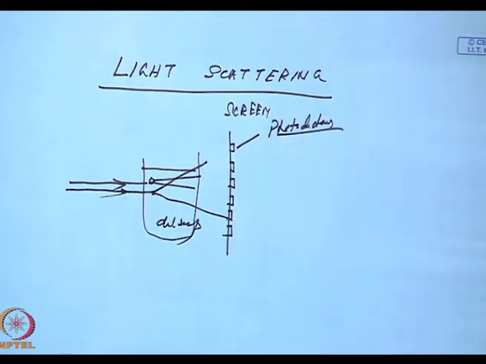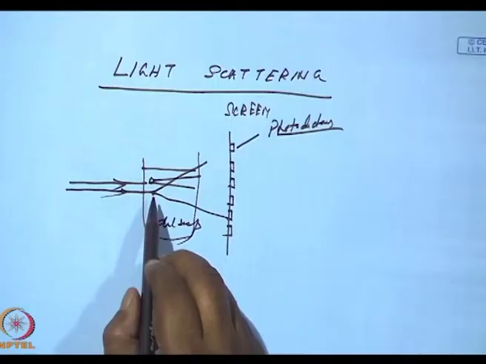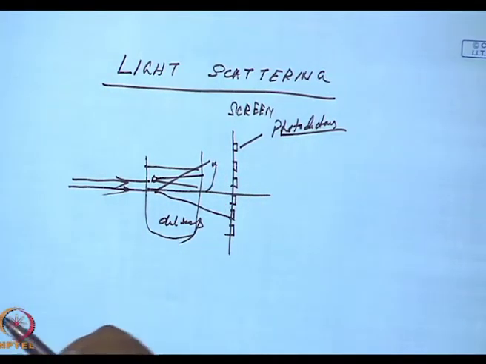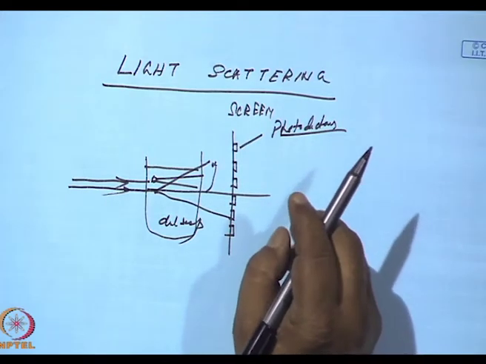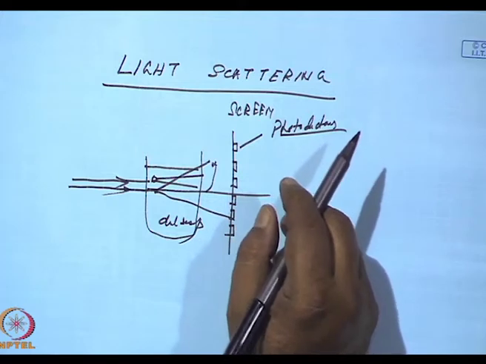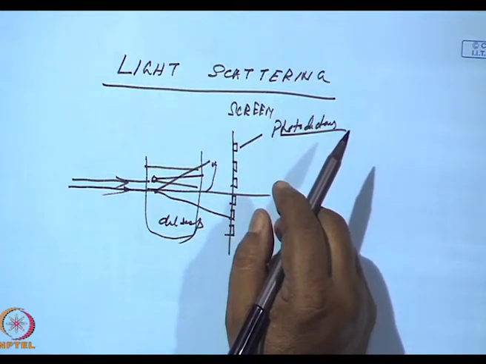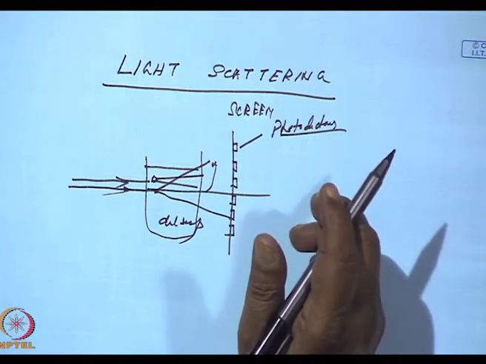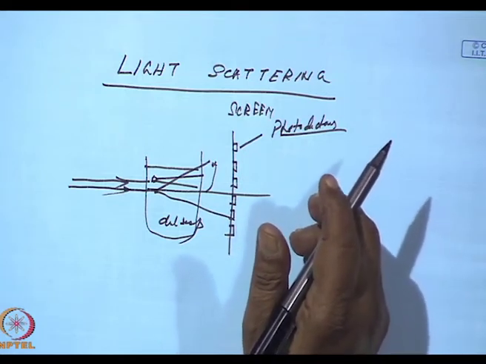We can count off as a function of time what is the light intensity at each detector away from the axis, and which will be proportional to the diffraction. From this technique also, light scattering, we can find out the particle size.